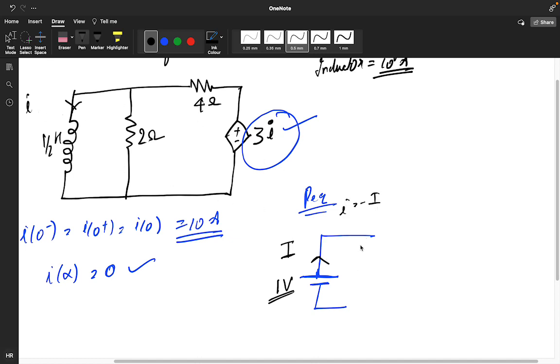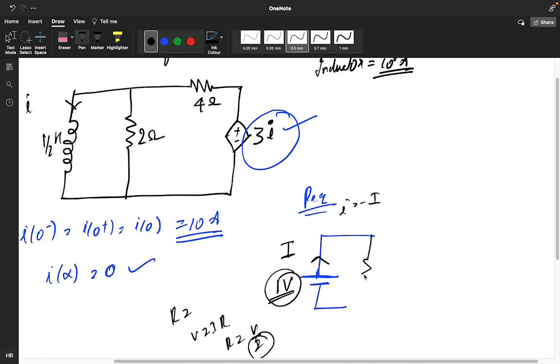For finding the value of the resistor, we need V is equal to I into R. So R is equal to V by I. So we assume the V voltage as 1 volt. We need to find the value of I.